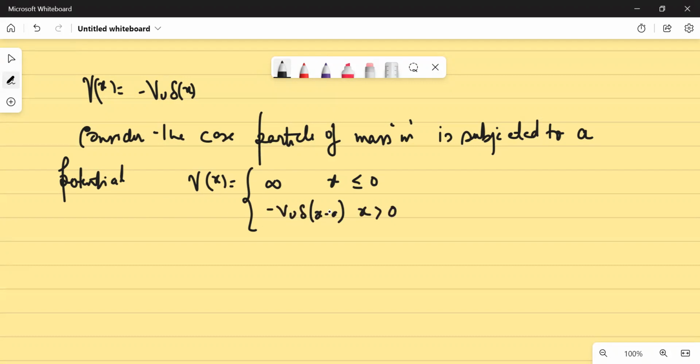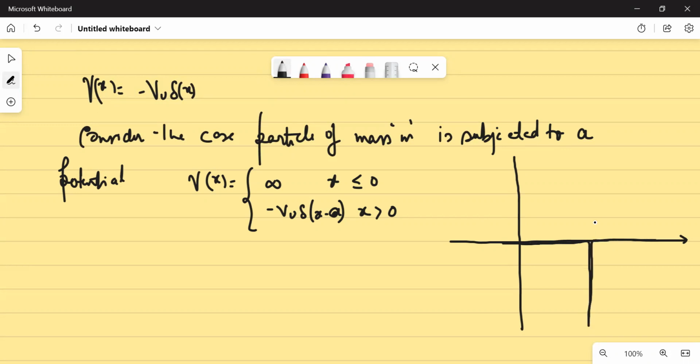For all x greater than 0, you have only one negative Dirac delta potential, and that is centered around x equal to a.